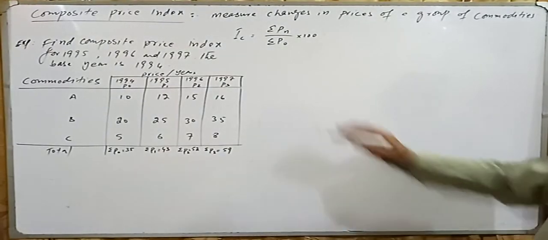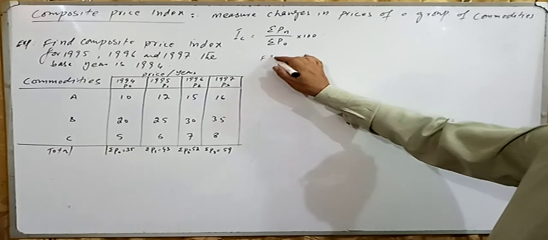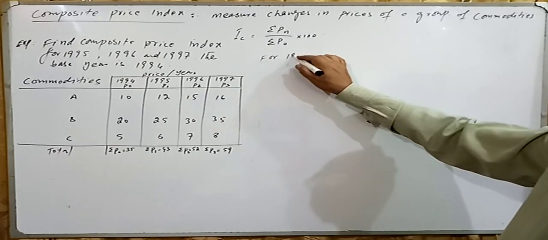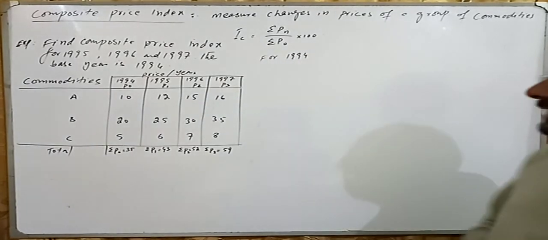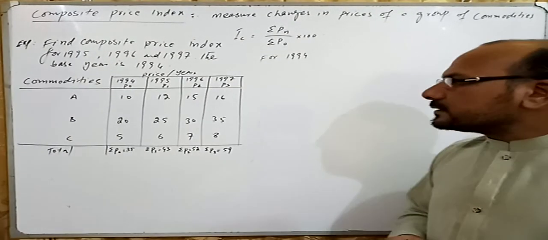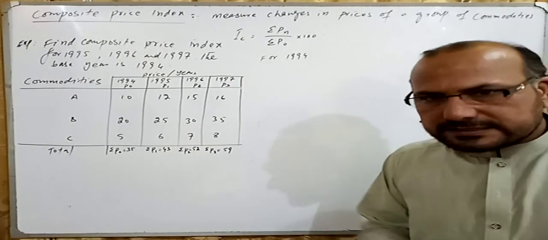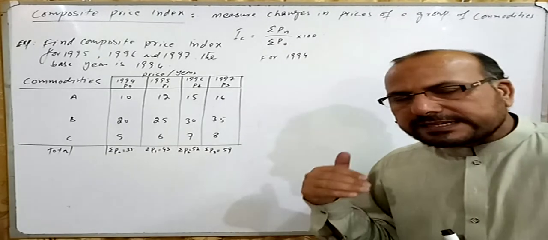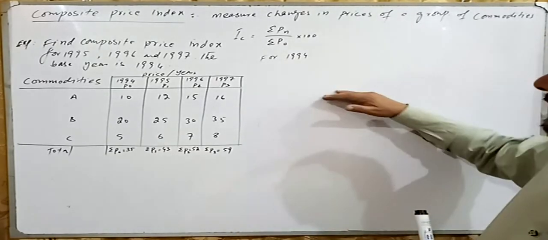Now we will write the formula for each year. For 1994, this is the base year, so the current and the base are the same because this is the starting point, the initial point.